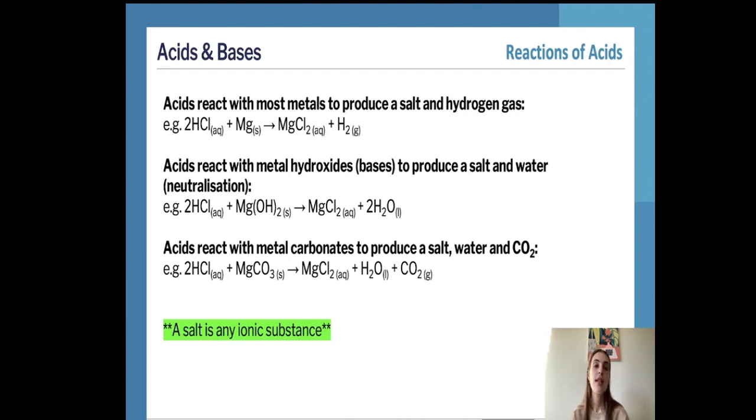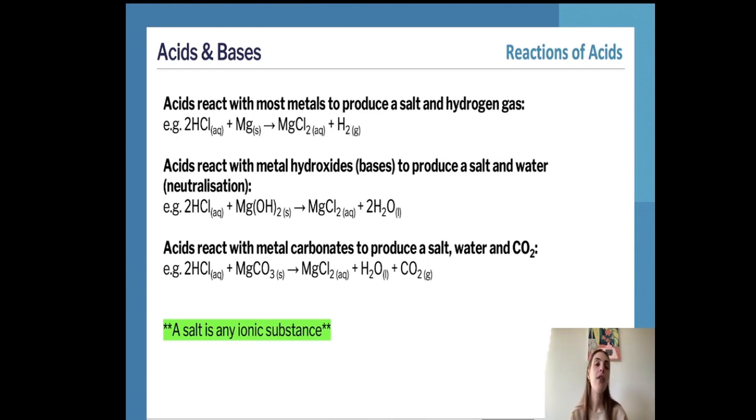An example of this is hydrochloric acid plus magnesium hydroxide makes magnesium chloride and water. In this case, the acid is the hydrochloric acid, the base or metal hydroxide is the magnesium hydroxide, and the salt is the magnesium chloride. And then of course we have water produced as well.